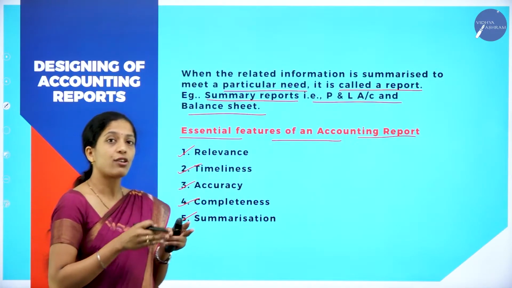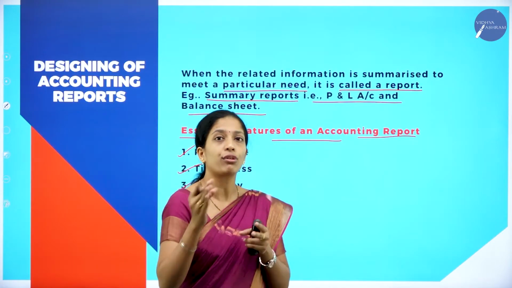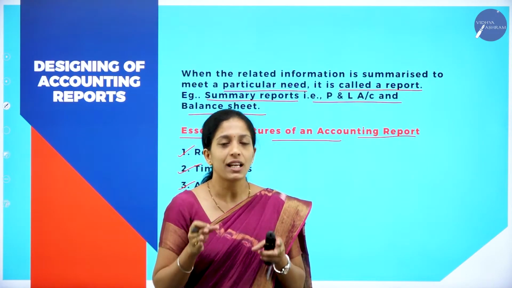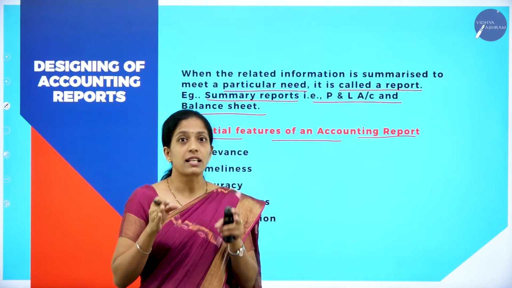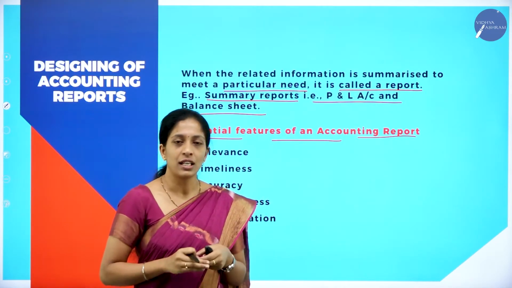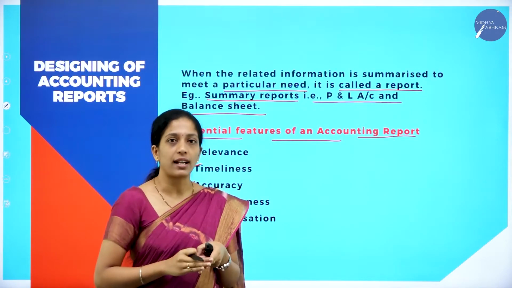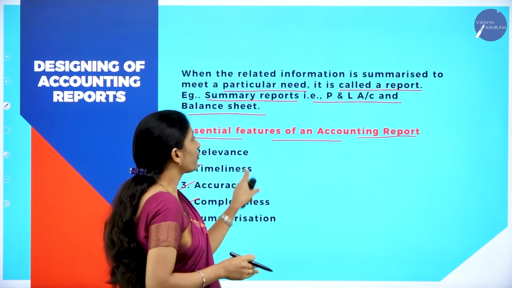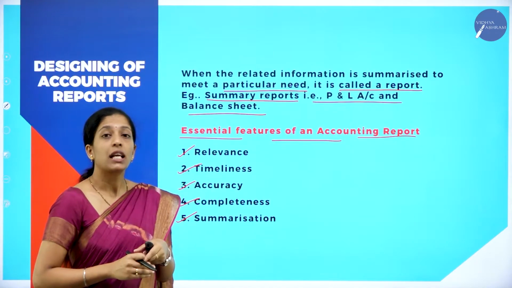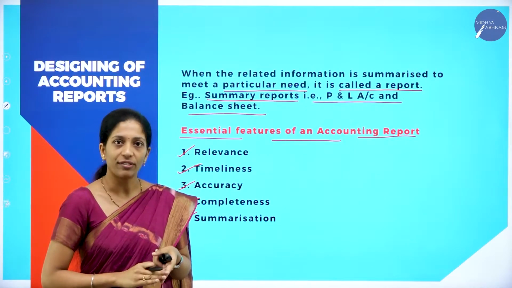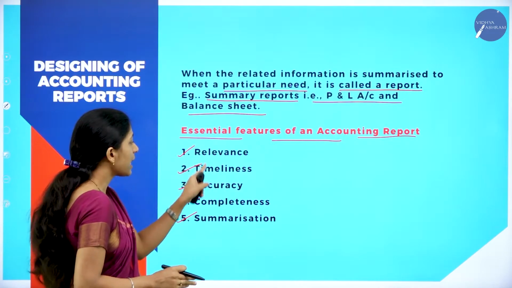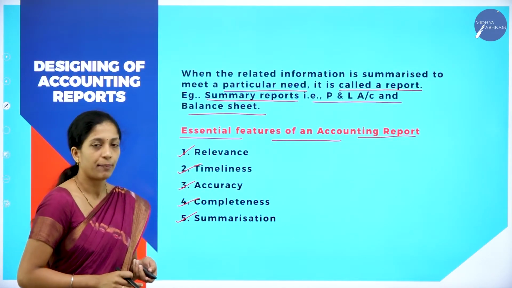At the end of the processing of data into information, it will be available in a summarized form, in the sense that it is ready to be communicated to the users in an understandable form. These are a few features of accounting report. Here also, you might get a question: write any 2 features of accounting report. You can write any 2 of these features.